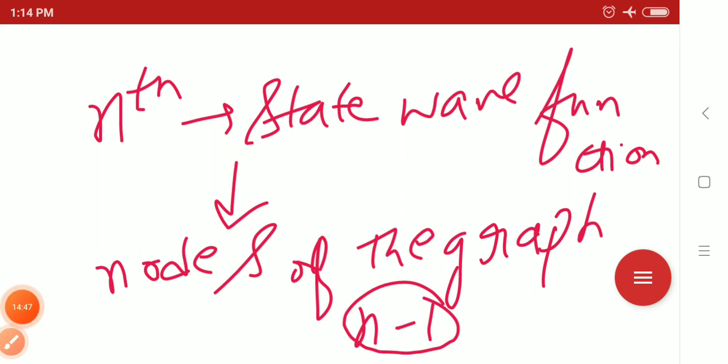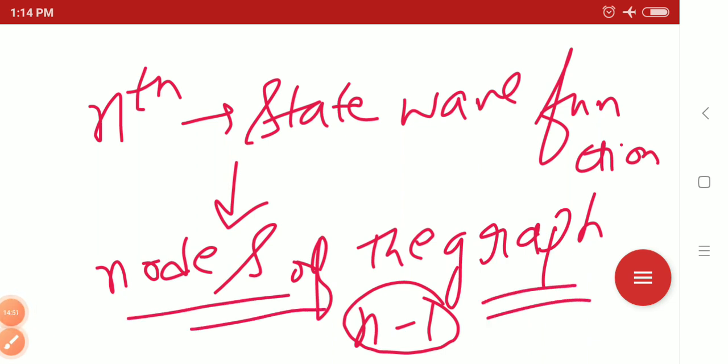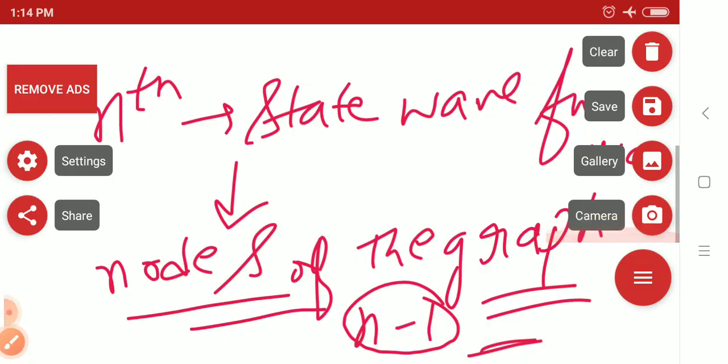Means for the nth state of the 1D infinite square potential box, the graph will have n minus 1 nodes. What does n minus 1 nodes mean?